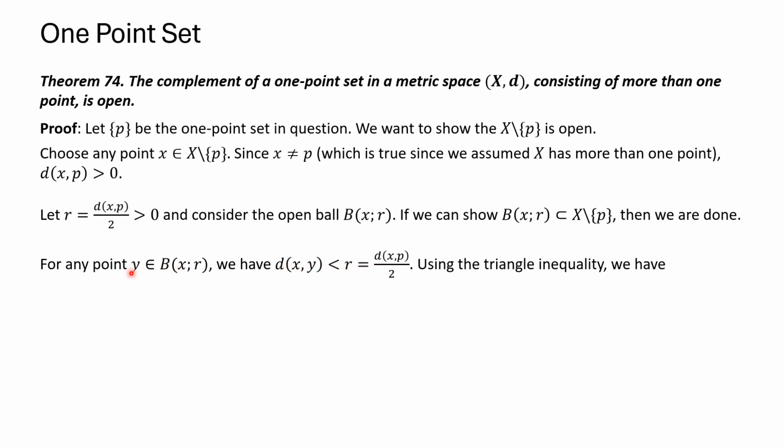That's because if y is in here, everything in this ball is a distance less than r. Then we use the triangle inequality. The distance from x to p is less than or equal to the distance from x to y plus the distance from y to p. And then we subtract this distance from x to y from the distance from x to p, and we get this here.